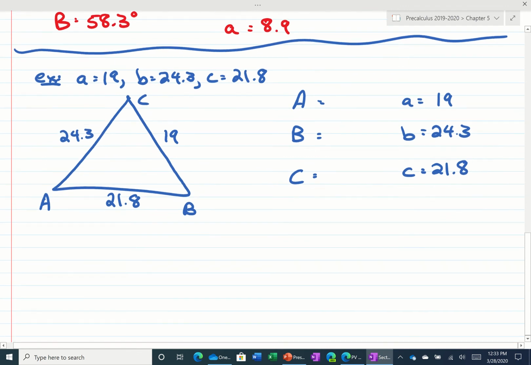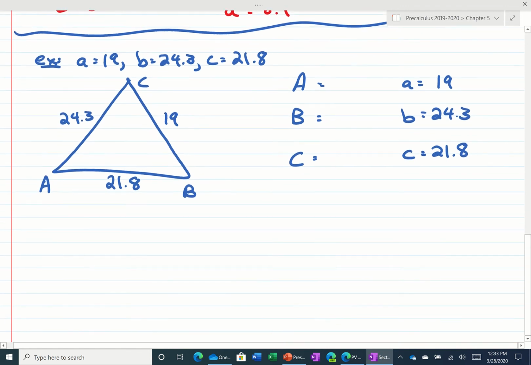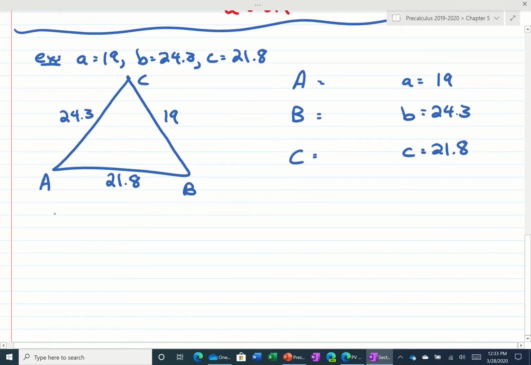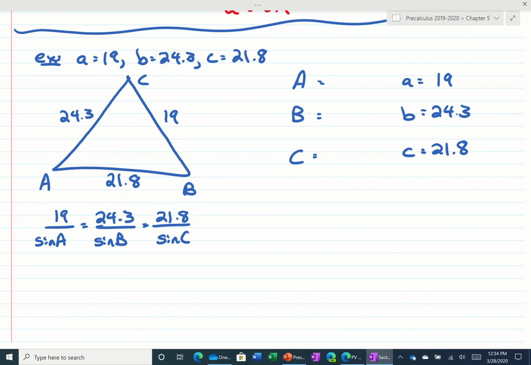Now you can see we obviously can't use law of sines because we don't have any full fractions. We just have the sides. So the way that we're going to do this is we could use law of cosines.